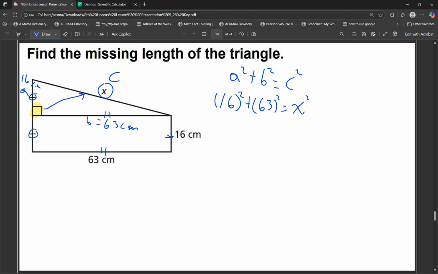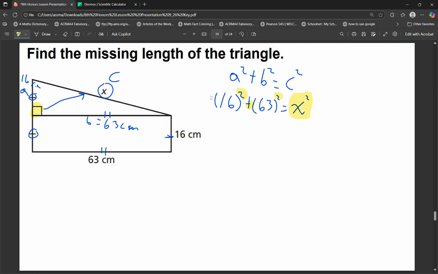And just like before, you would notice here that the X is left all alone. So all I have to do is simplify. I do the exponents first, and then I go ahead and add.